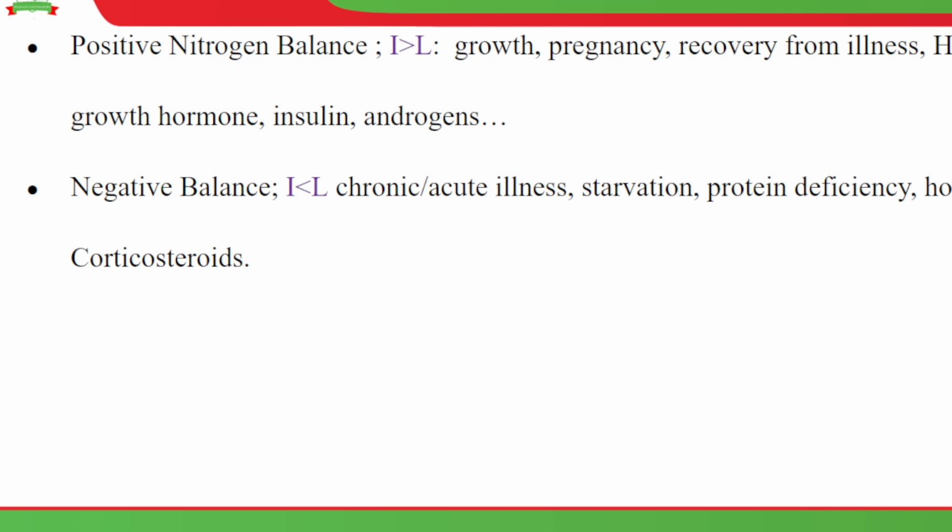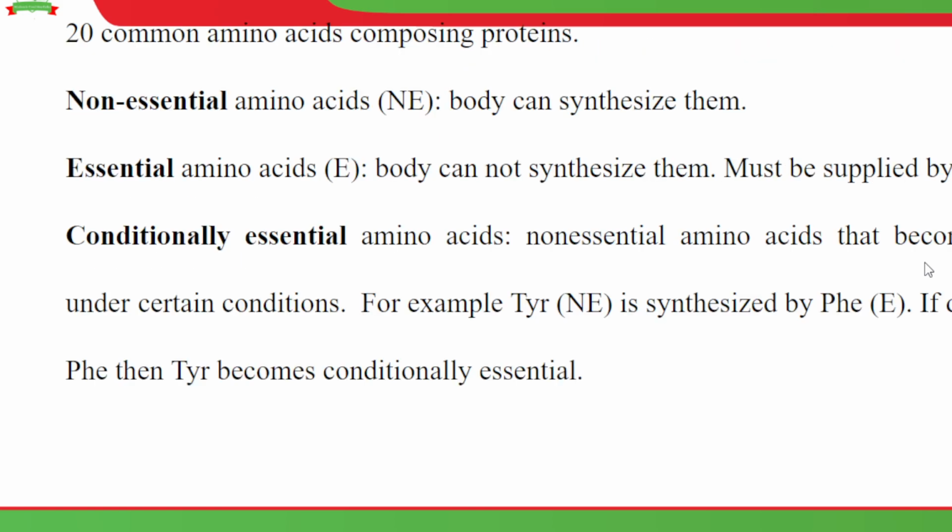During protein deficiency, you also have an instance where you took in less and you have lost a lot of proteins in your body, so there's no balance in that. Then the hormone corticosteroids also.